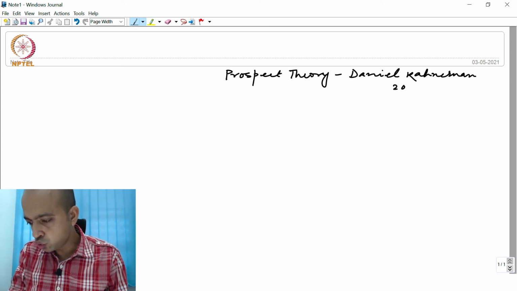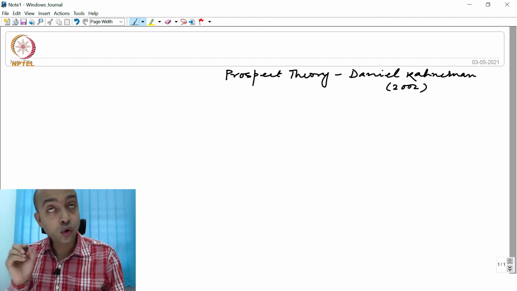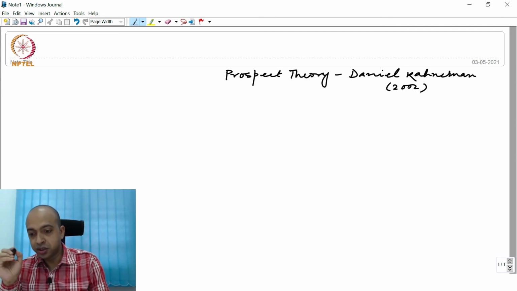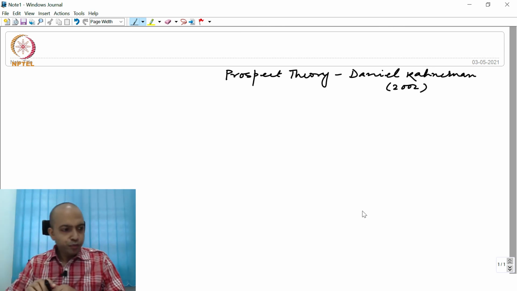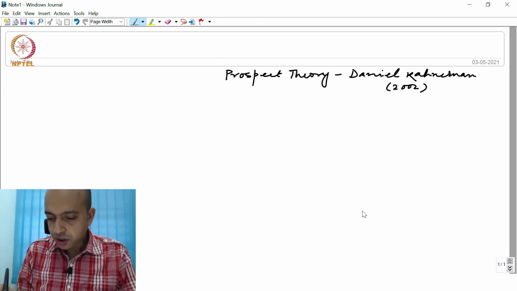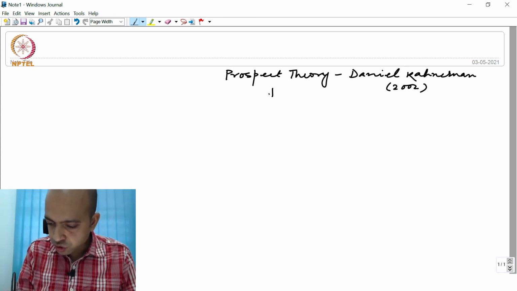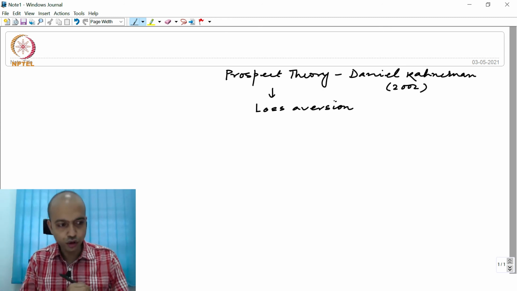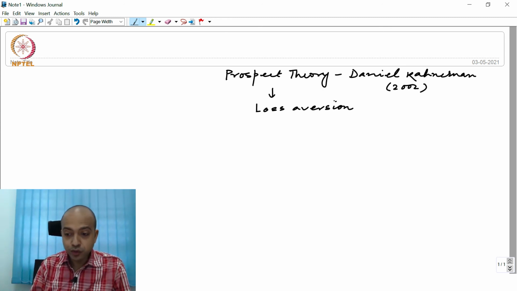in 2002, and this theory is so powerful, based on individual psychology, that he even got the Nobel Prize in economics for prospect theory. The prospect theory is basically based on loss aversion. And what is loss aversion?